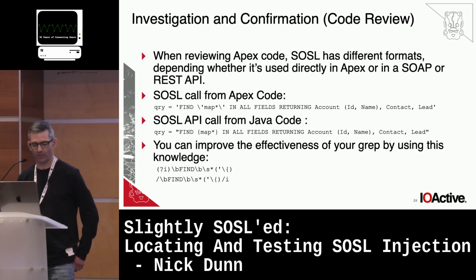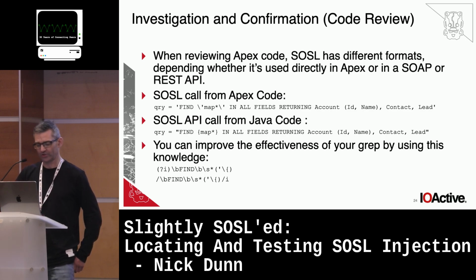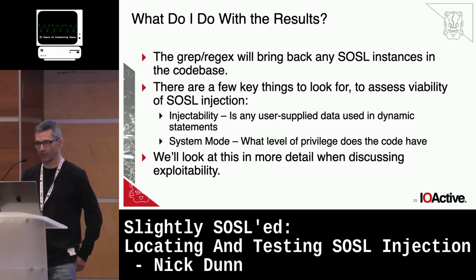So those two regexes at the bottom, there might be other correct versions, but those two will find the boundary of the word find, case insensitive, followed by 0 or more spaces, and followed by single quotes or curly brace, which should allow you to enumerate a full list of those instances from the code.